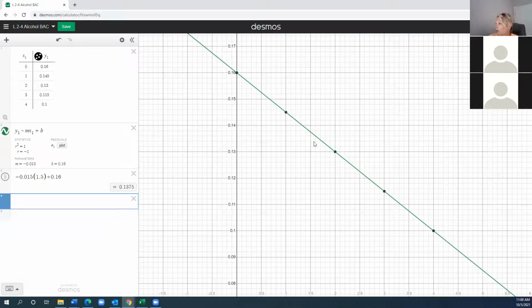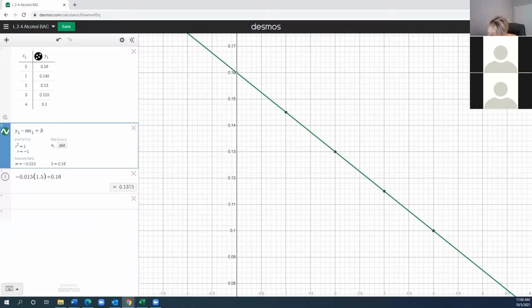That would be one way. Or you could just go to your graph and drag it to 1.5. Sometimes it's hard to move your mouse just perfectly, but there we've got it. 0.1375 is the BAC, the blood alcohol content.